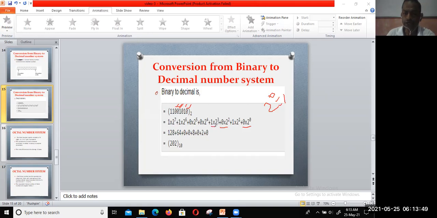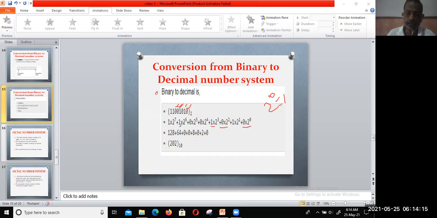Next, 1 into 2 cube, 2 into 2 into 2, that is 8. 1 multiplied by 8 is 8. And 0 into 2 to the power 4, that is 16, 0 into 16 is 0. Again, plus 0 into 2 to the power 5, that is 32, 0 into 32, again 0.